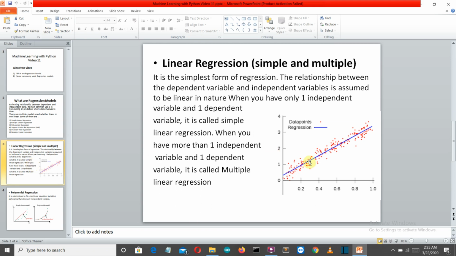Now let's take a look at this graph here. There you can see that the data points are plotted on this graph. Let's say that the x-axis is our independent variable, let's say time, and this is our salary, which is our dependent variable. As the time or the experience increases, the salary is also increasing.